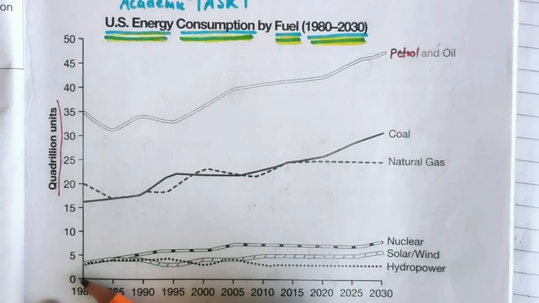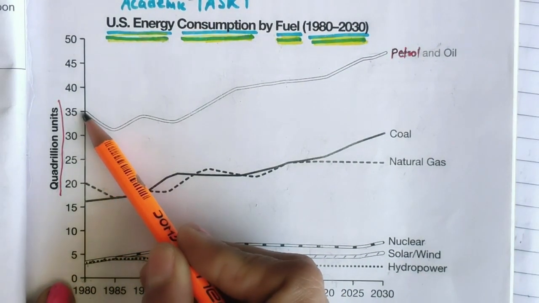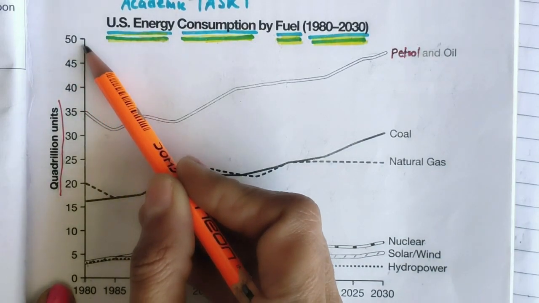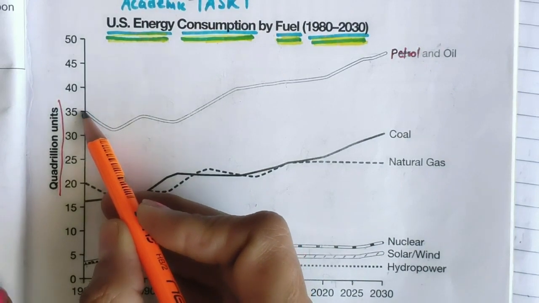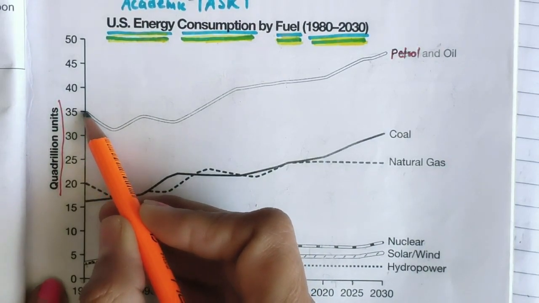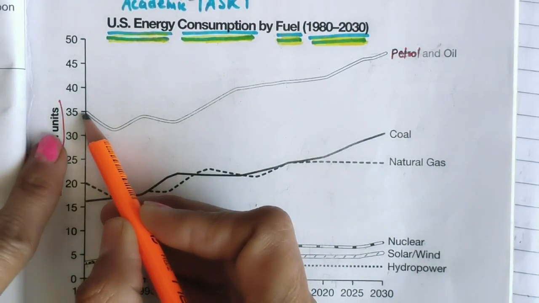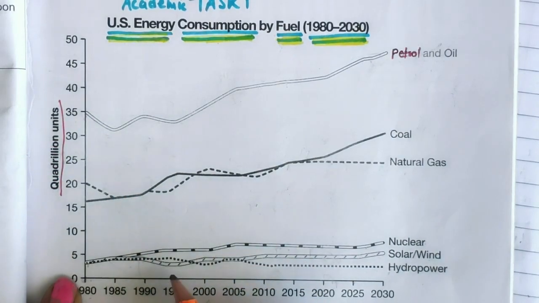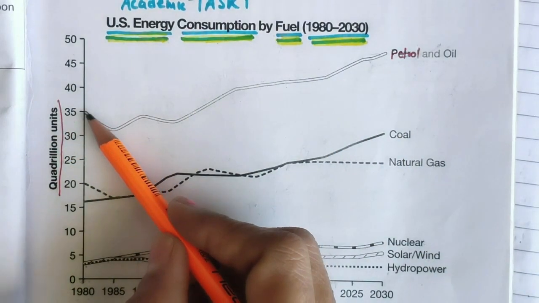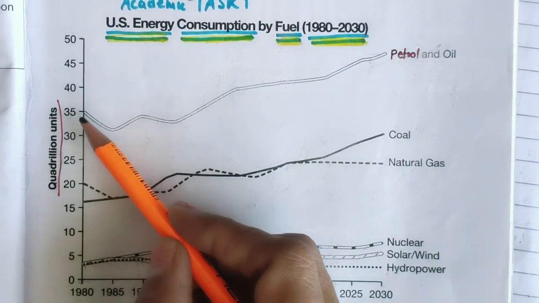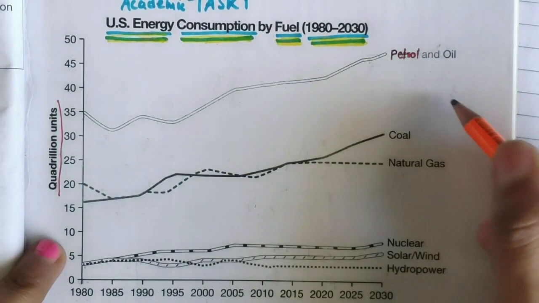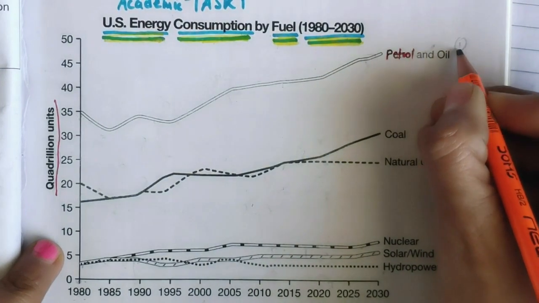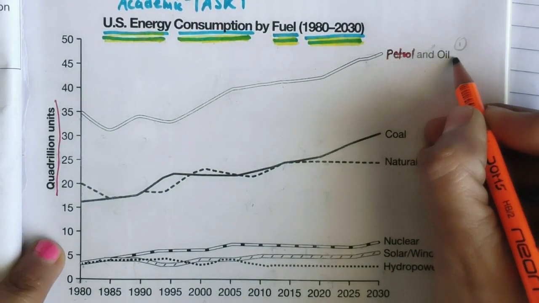The highest point is here, 50, but out of these 6 categories we have petrol and coal. Petrol and coal started from 35, which means out of the 6 this category is number 1. This is the highest, the number 1 according to rank, and we can just write it as highest.